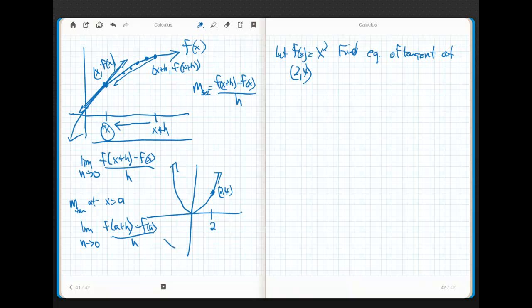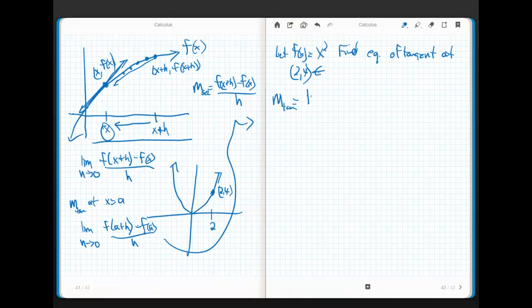So let's see how that plays out. First thing, we've got a point right here. Now I'm looking for the slope of the tangent line. I'm going to take the limit as h goes to 0 of f of 2 plus h. Wherever I saw an x, I put the a, and in this case, a happens to be 2.